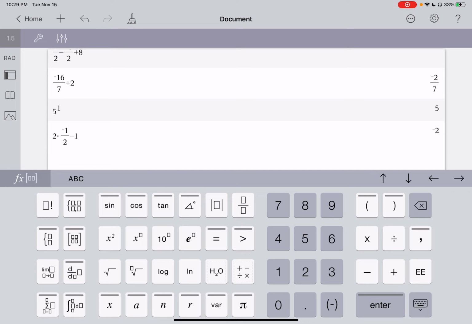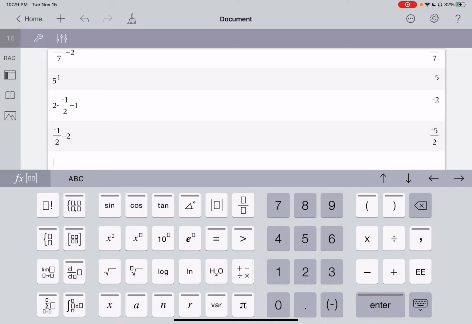That gives a negative 2. And then the other argument was x minus 2. So if we do negative 1/2 minus 2, it's going to be negative 5 over 2.